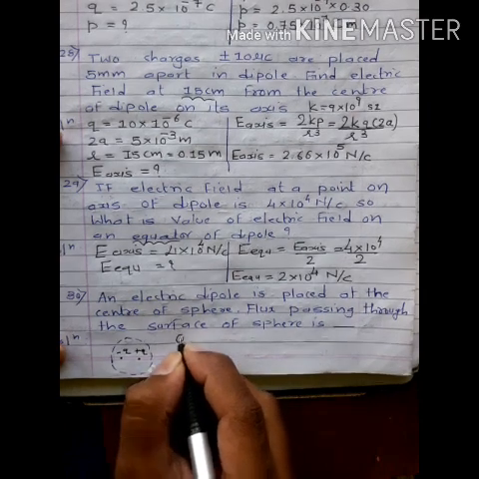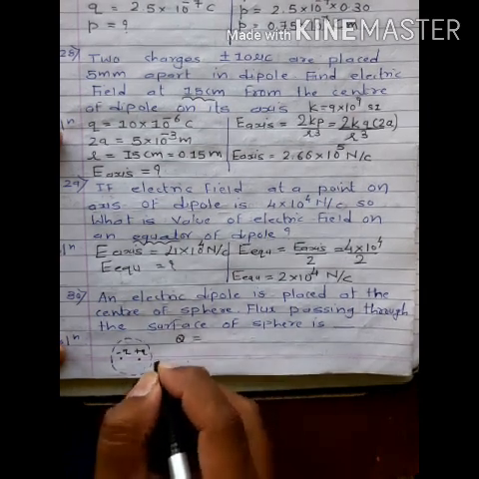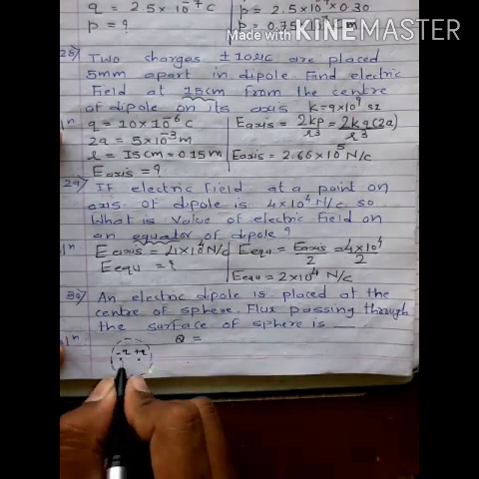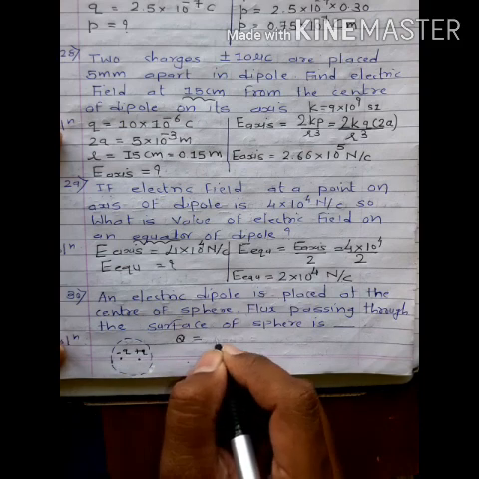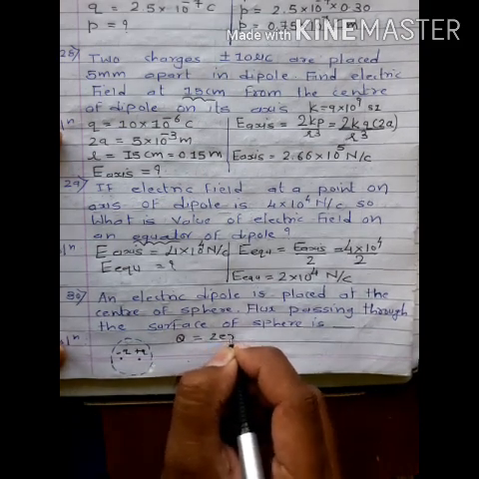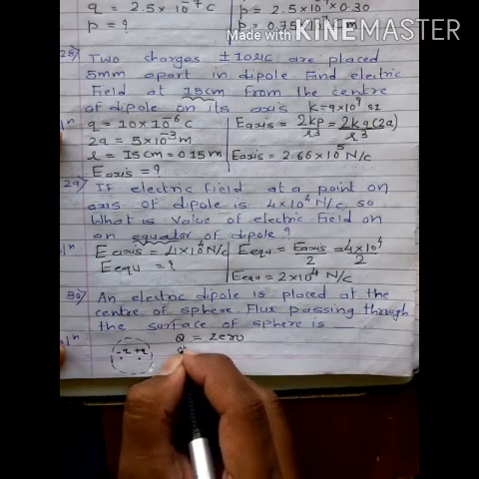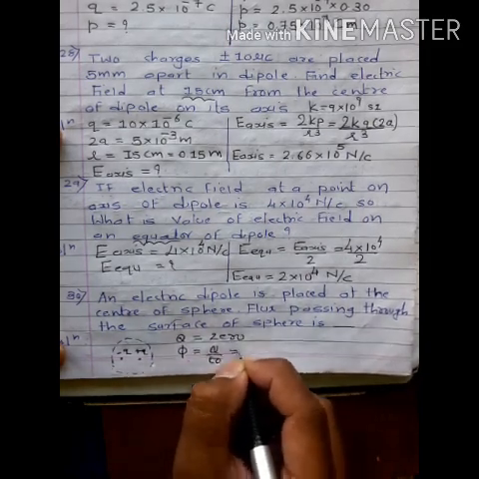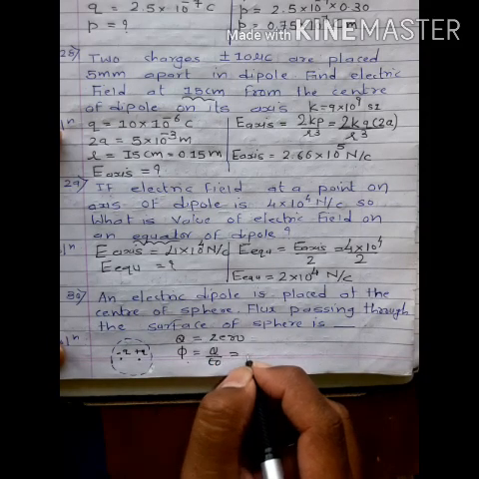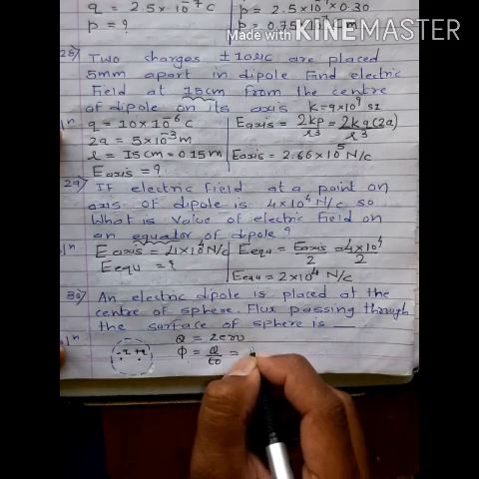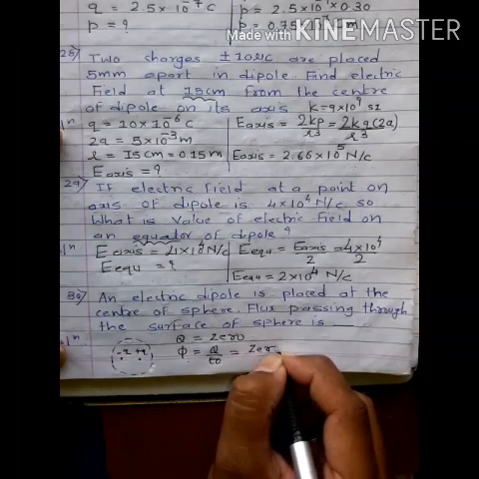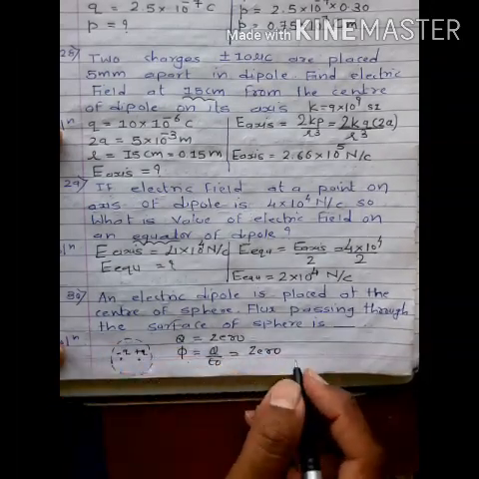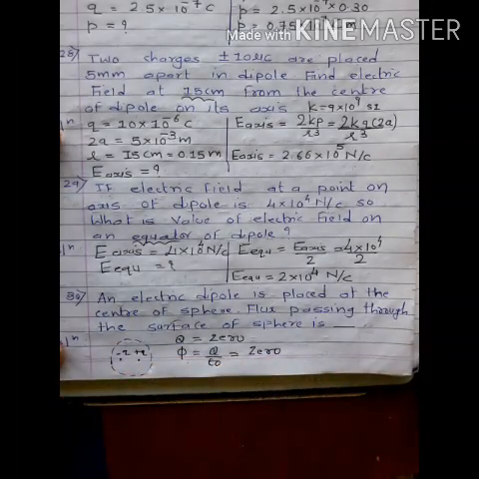Here first of all we find the total charge. We already know that the total charge of a dipole is always 0. According to Gauss law, phi is equal to q upon epsilon 0. If the total charge is 0, the total flux passing through the sphere is also 0.